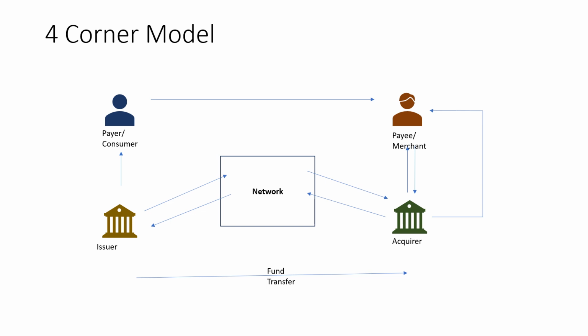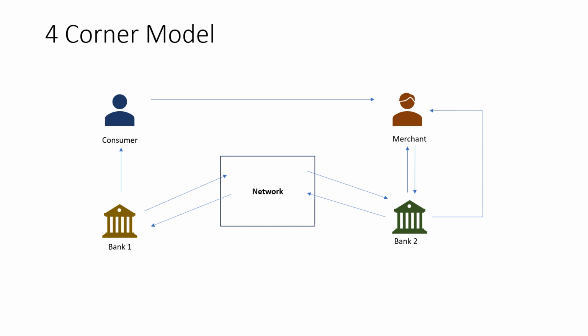When it's an all cash transaction, things are very simple. But if the issuer and acquirer are two different banks, then it becomes an interbank transfer, and it might go through a country-specific interbank fund transfer network.